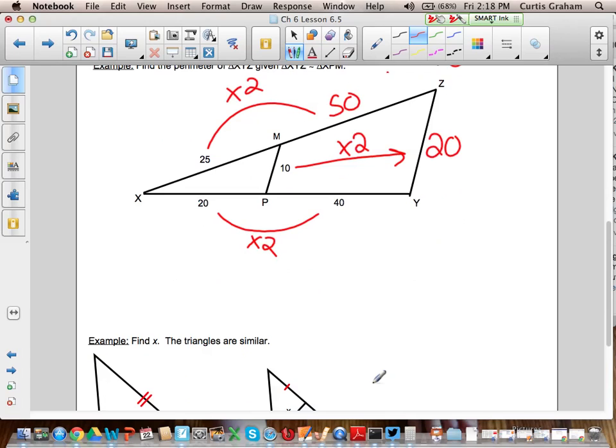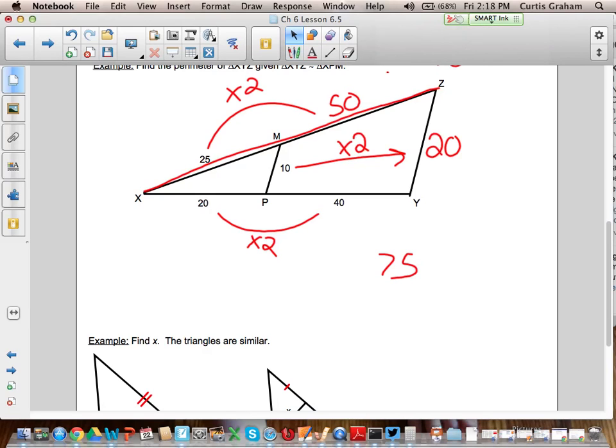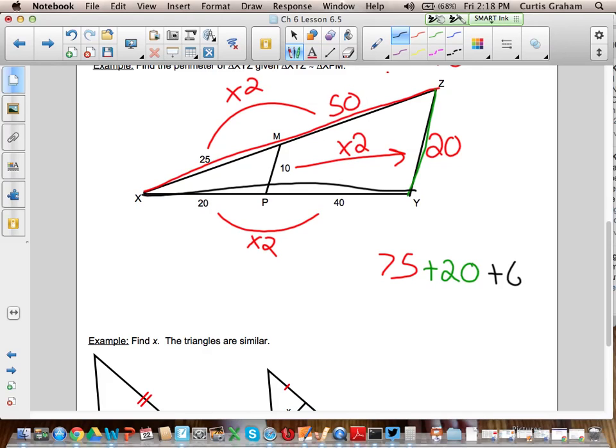The top side, from here to here, is 75. This side is 20. And my last side is 60. So that was going to be 155.